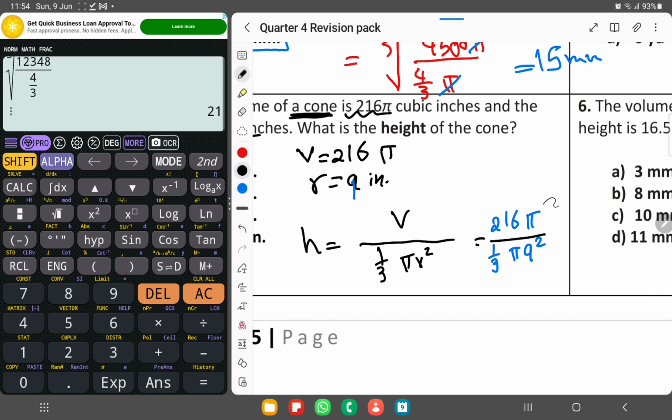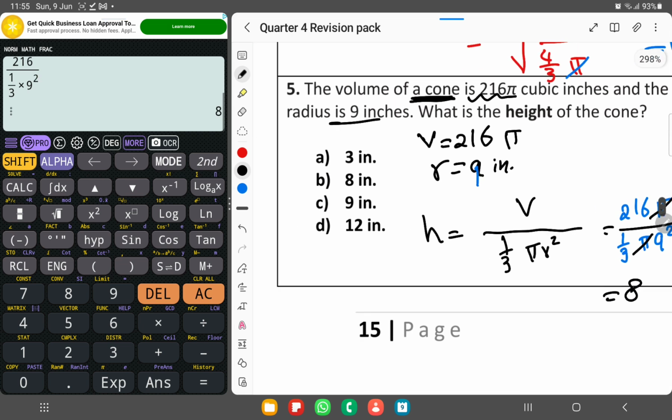And now you can cross the pi's together. What do you have now? Let's do it. 216 over 1 over 3 times 9 power 2. So this is equal to 8 inches.